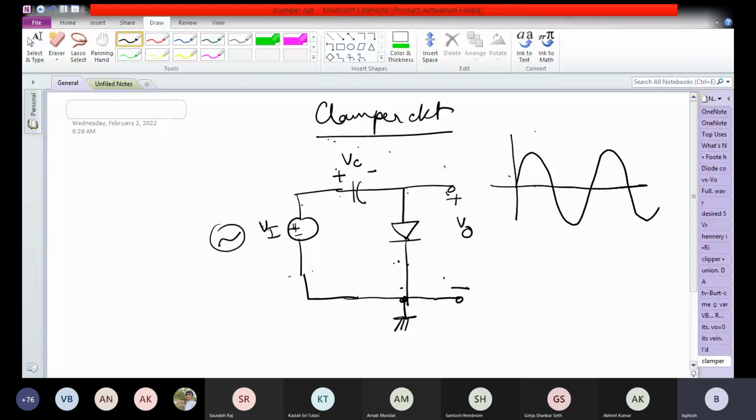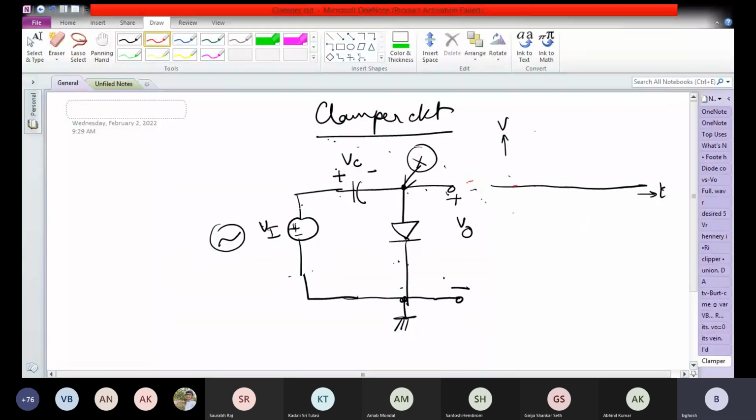If my input voltage is like this, follow the voltage at this point again. The voltage at point X, as the capacitor charges in this period, is going to be held at 0.